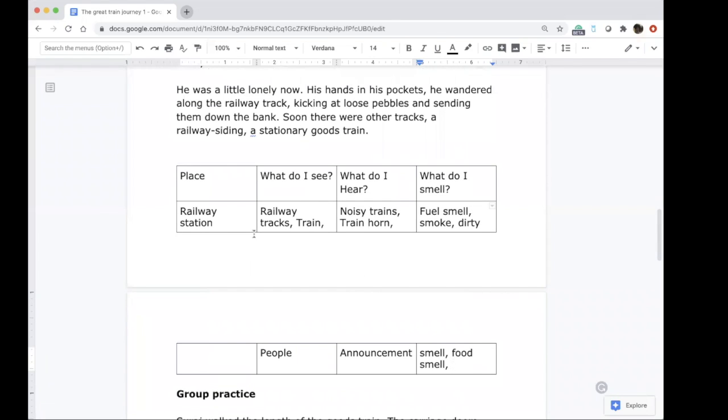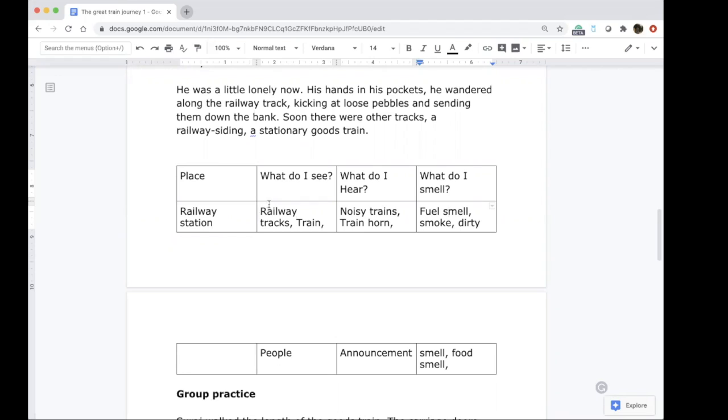Now, did you observe how I filled up this table? I chose a setting. I filled in all the details about this setting. Now, if I convert all of these tiny details into sentences, that is nothing but describing a railway station.